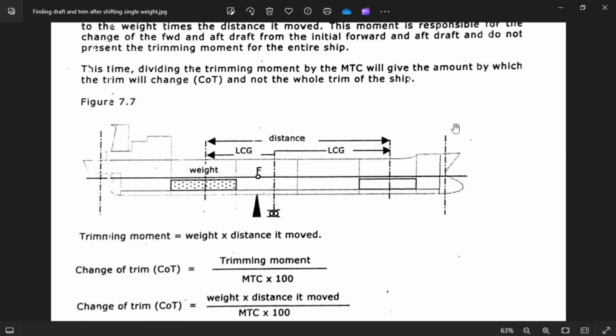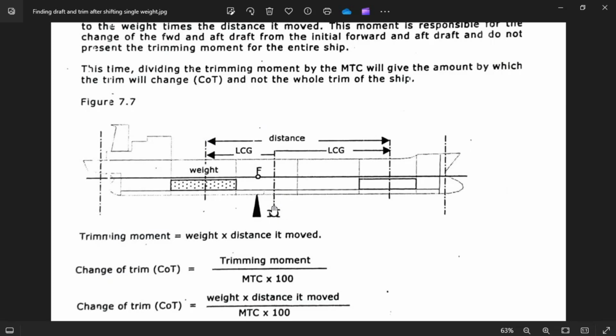So we have here figure 7.7. So the weight from FOT tank number one will be shifted to FOT tank number four.